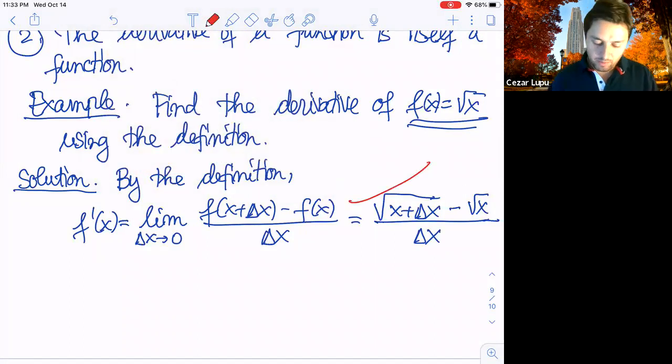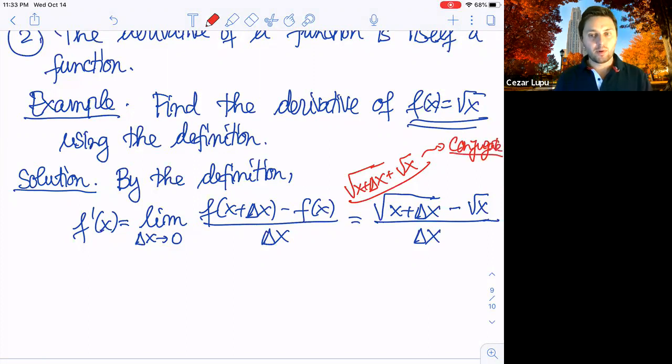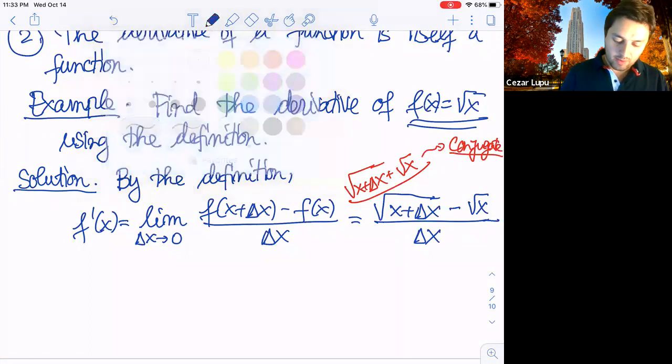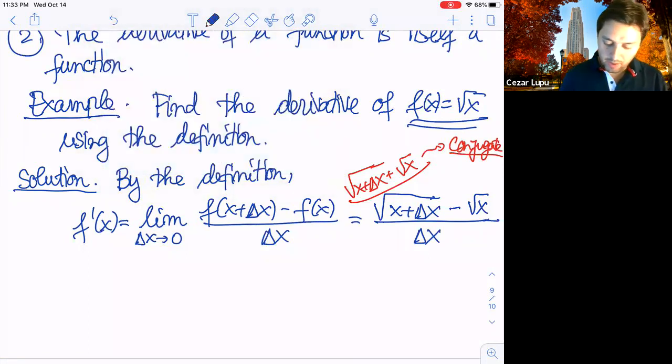The conjugate of this guy will be the square root of x plus delta x plus square root of x. So this is the conjugate. Oh my goodness, I forgot to put the limit here. Sorry about that. So this is the limit as delta x approaches 0, right?